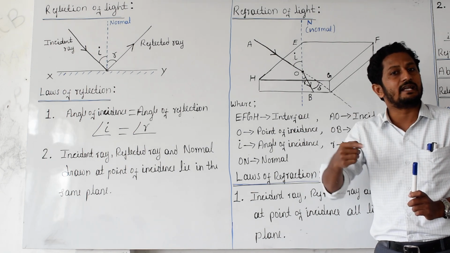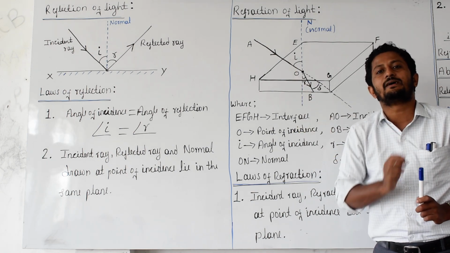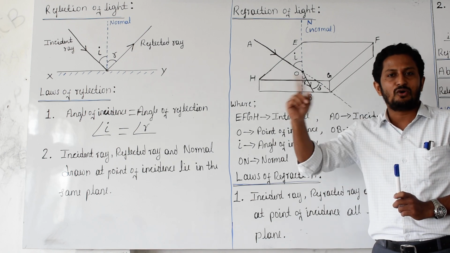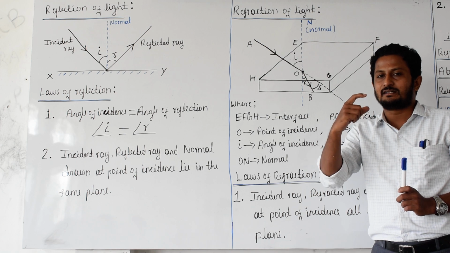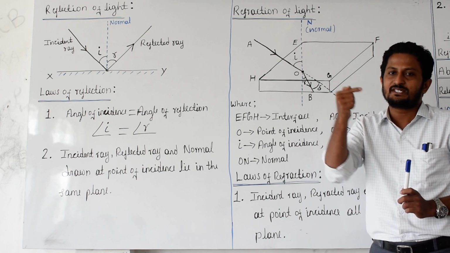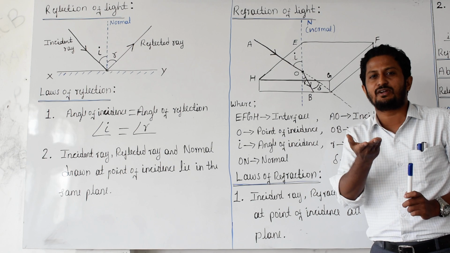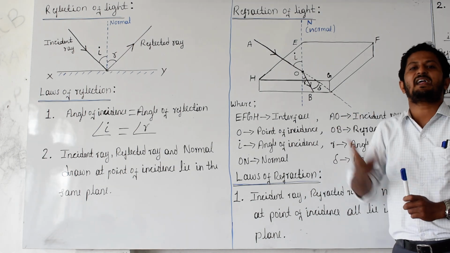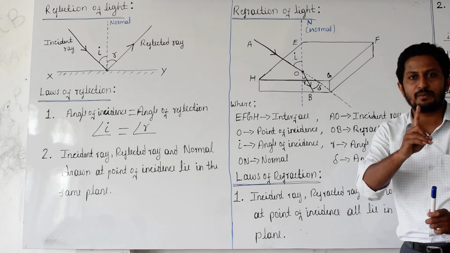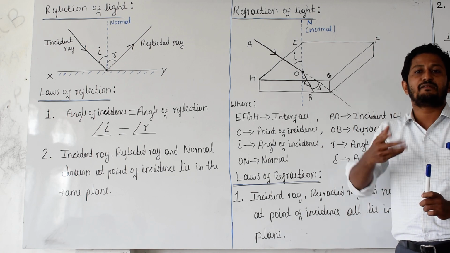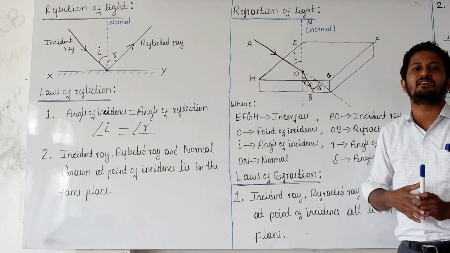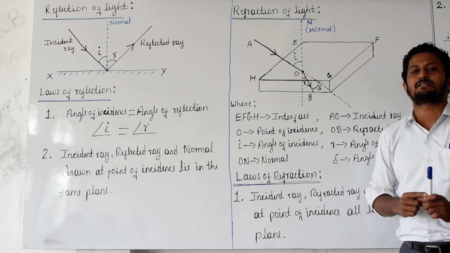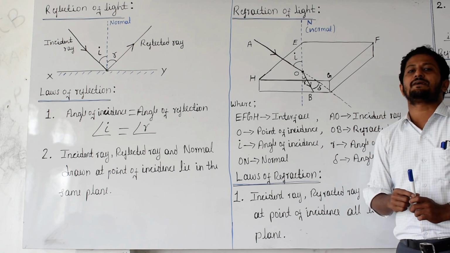That's why light rays get bounced back, which we call reflection. In reflection, one surface of the medium through which light moves should be coated. But when we are talking about refraction, there should not be any coating. The word refraction itself tells us light rays are passing through such materials, called transparent materials.